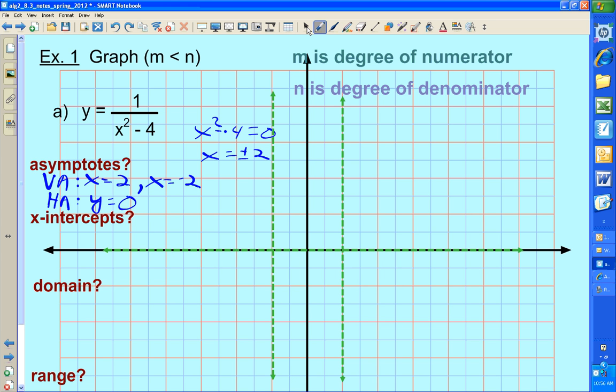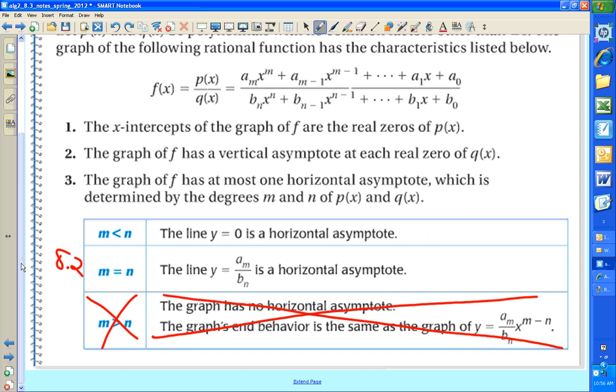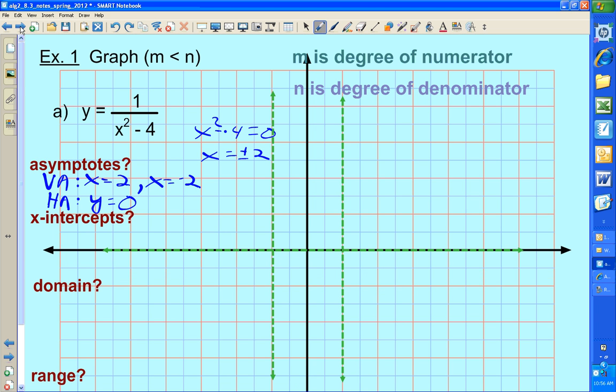You get nothing. Okay? The other way to do it is to use the chart that we have right here, and you say, look, the degree of the top is smaller than the degree in the bottom, therefore it's always y equals 0. There's no mystery here if you're using that chart. The degree of the top, not meant to be a trick question, but for some of you it will be, what is the degree of the polynomial in the top?